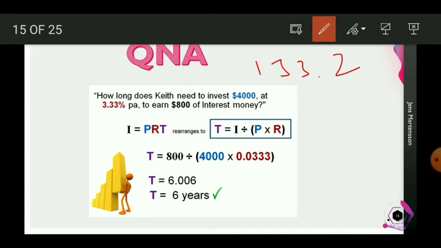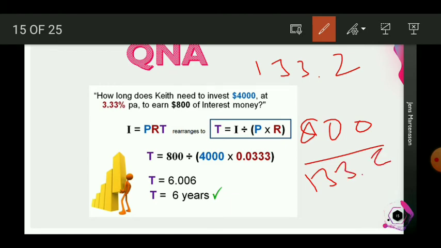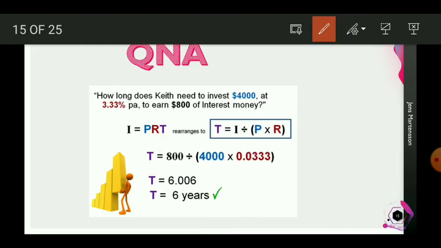And now we are going to do 800, I upon R into P, that we got 133.2. And when we divide it by 133.2, we get 6.06006, which means 6 years, right? Isn't it so? And that's very easy. So you can simply do it.